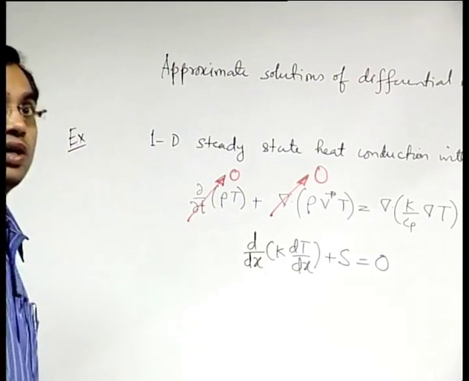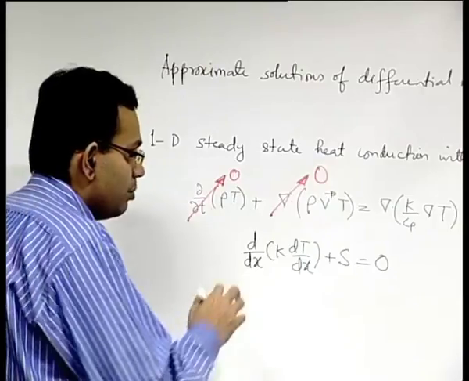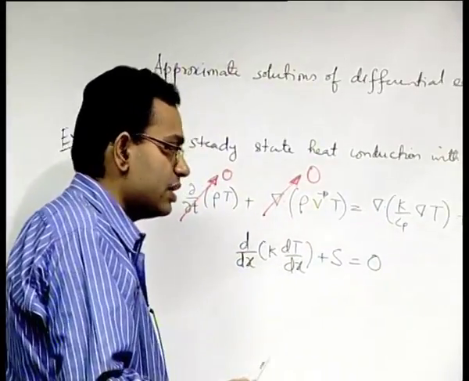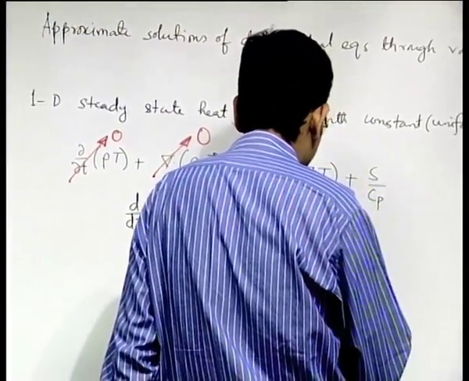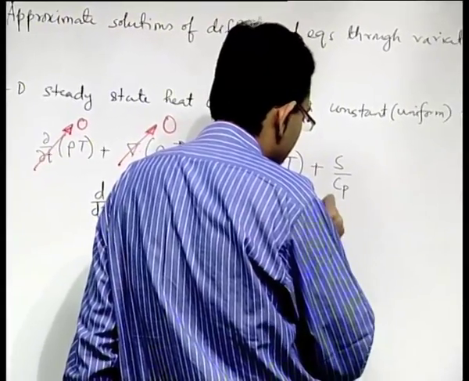What we will do now is make a variational formulation of this differential equation. This is known as the D form of the problem, or the differential form of the problem.